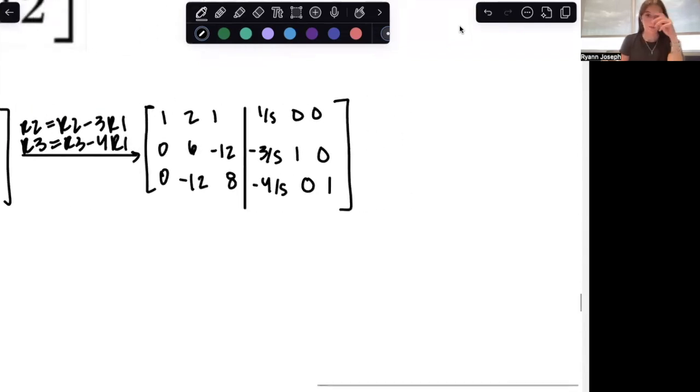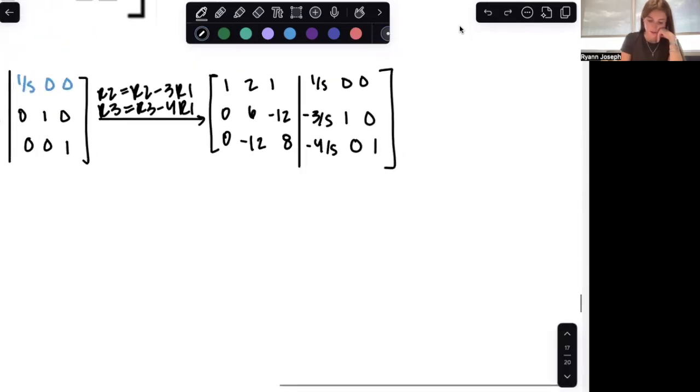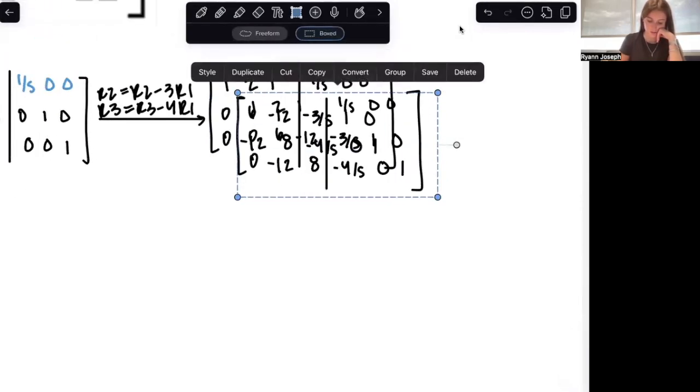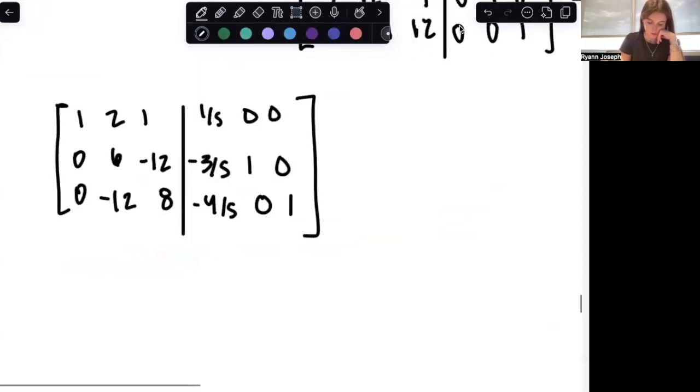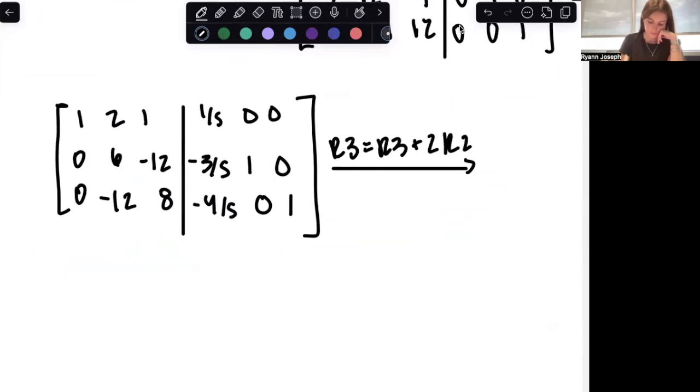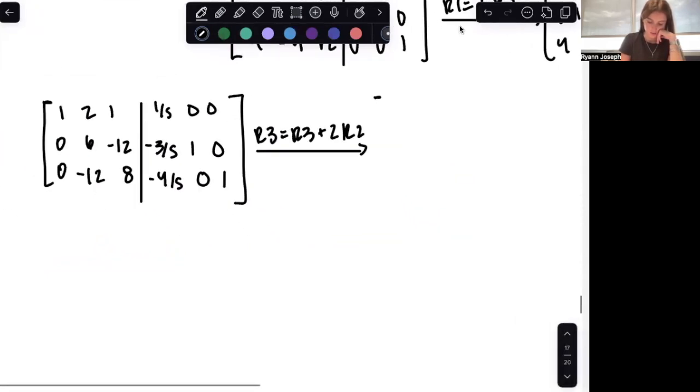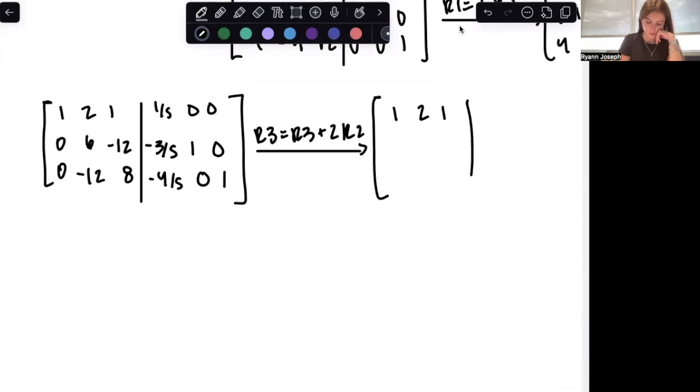So doing the same operations we did before. Next thing is I want to get rid of this -12 in the bottom. So I'm out of space, so I'm going to keep going. Getting rid of this -12 on the bottom: R3 is equal to R3 plus 2 R2. 1/5, 0, 0, 0, 6, -12, -3/5, 1, 0.